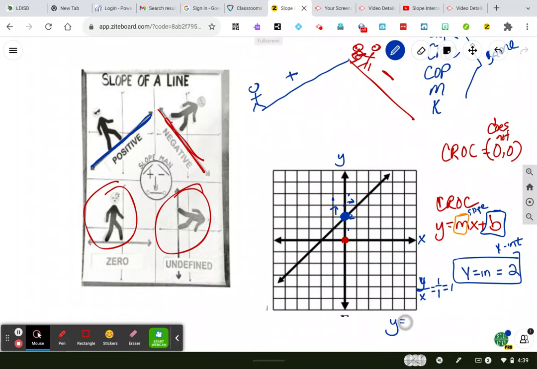So my equation for this line would be 1m plus 2, or y equals x plus 2. Because if I take my x value, which is 0, and I add 2 to it, that is my first point on this line.